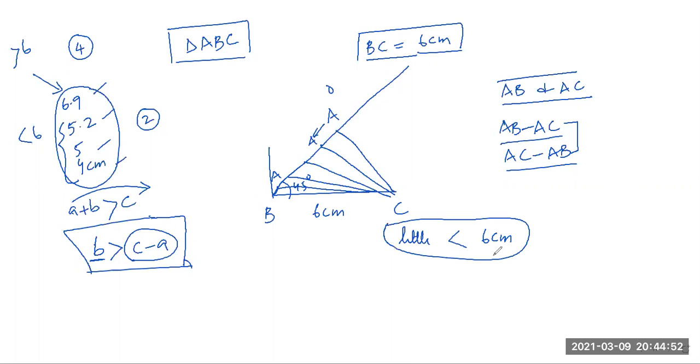If the difference exceeds 6 centimeter, the triangle is not possible. It's indicated from here also: B greater than C minus A. So if this difference becomes more, like 6.9, then a triangle will not be possible.